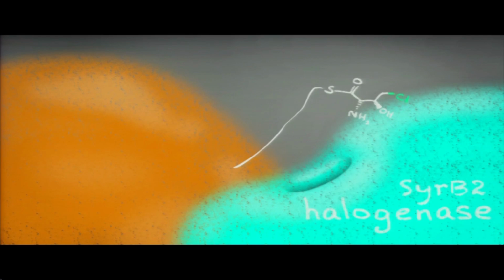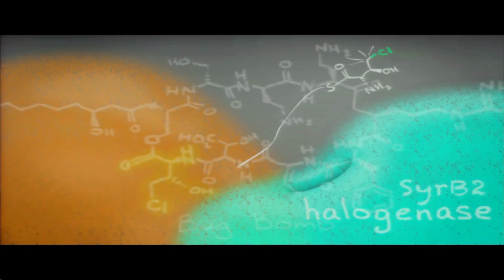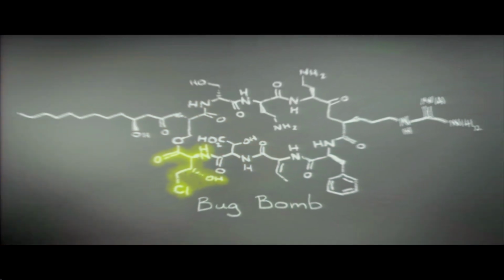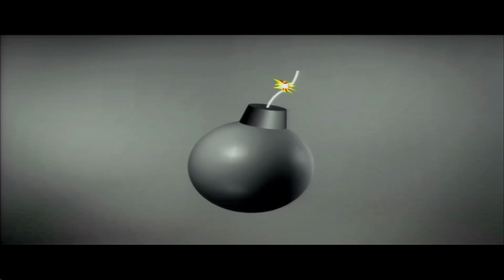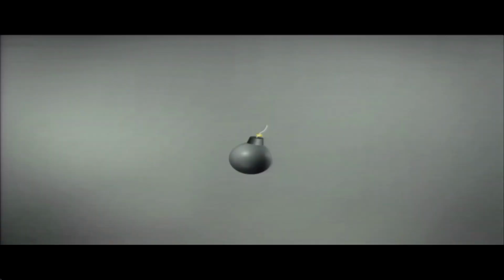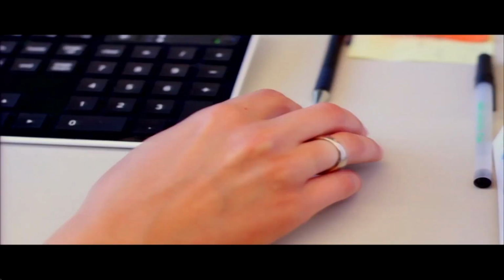Since chlorine is so electronegative, when bonded to carbon, it pulls electrons away from the carbon atom. And so it makes the carbon to which it is attached much more reactive toward other molecules. And this increased reactivity at least partially accounts for the antibiotic effect of the molecule.